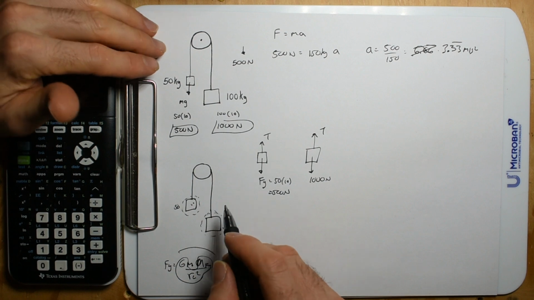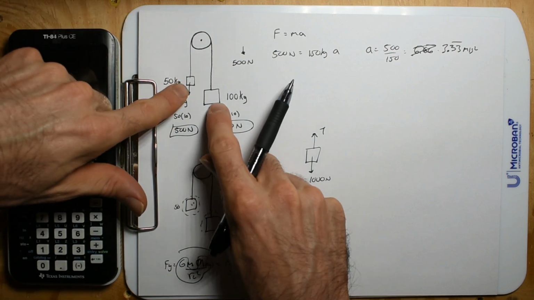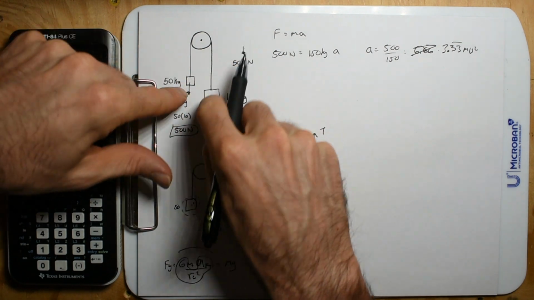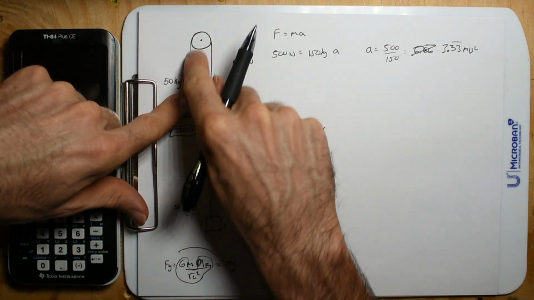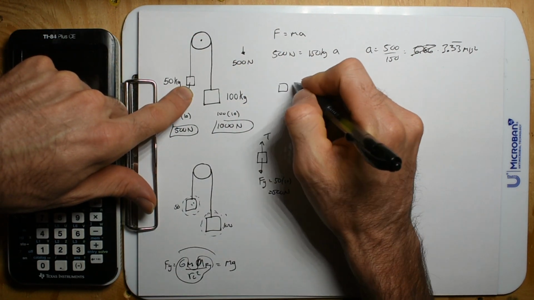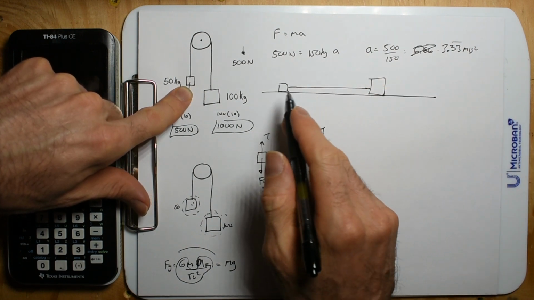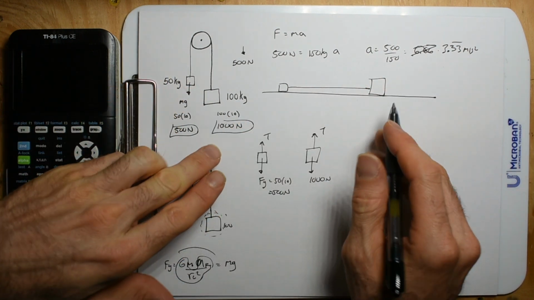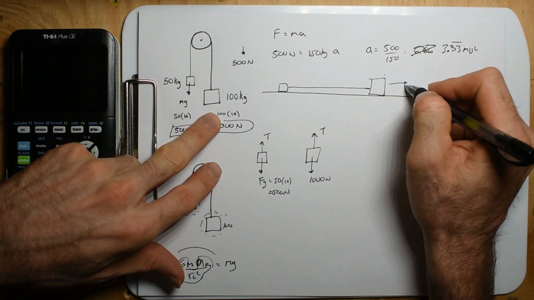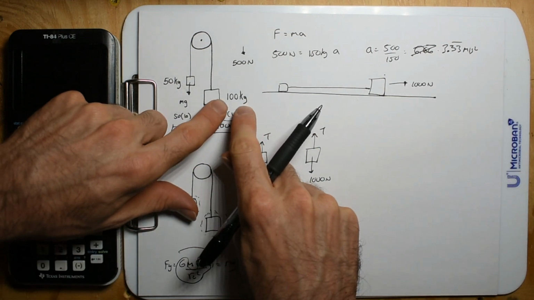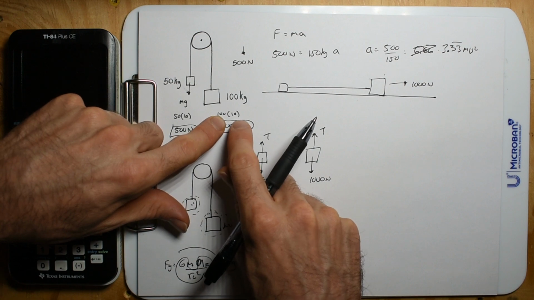Cool. And for these problems, I think they're way easier, at least do it once, where you take this thing that loops around something and you just put it on a flat surface, just like this. Then you start putting on the forces. You would put this force over here of 1,000 newtons, the mass of 100 times gravity, mg.